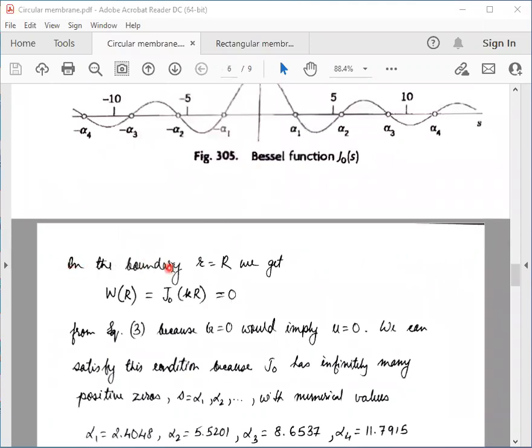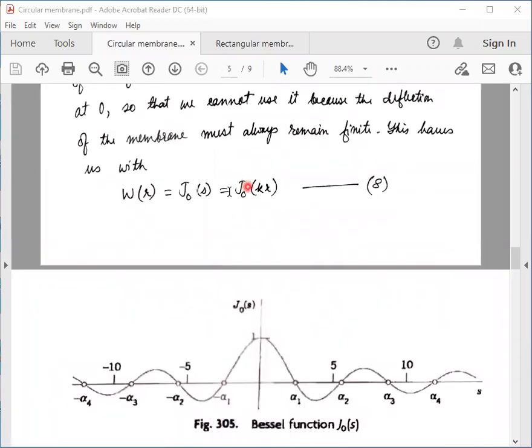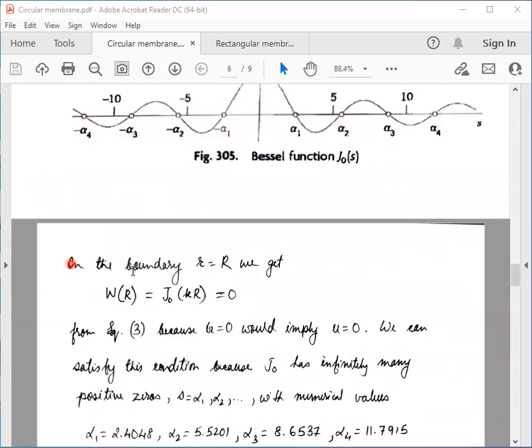This is the solution for W. And on the boundary, if we put small r equal to capital R, it should be 0. That is the boundary condition. So on the boundary, small r equal to capital R, we get J0(kR) equal to 0.